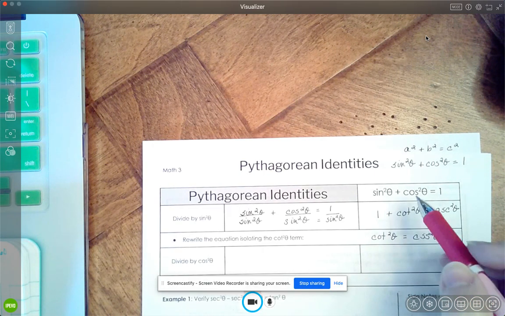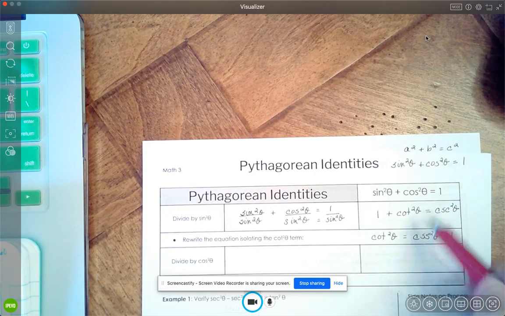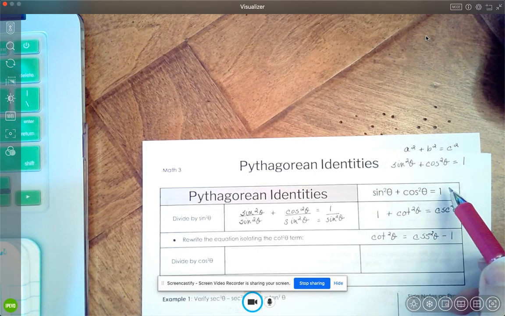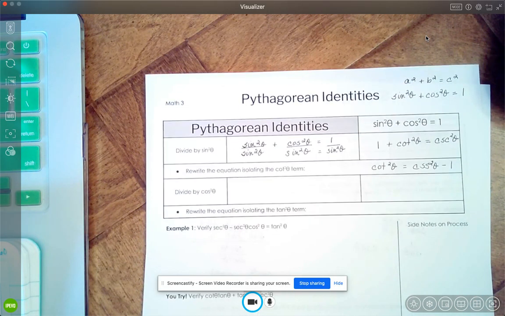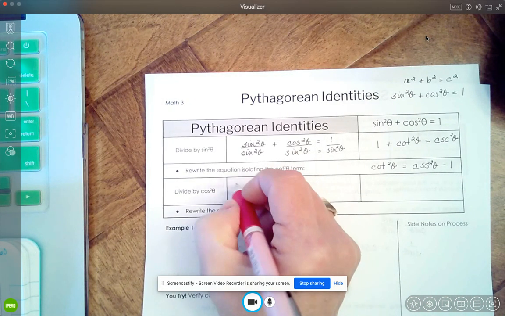So now I have sine squared plus cosine squared is 1. 1 plus cotangent squared of theta is cosecant squared of theta. Cotangent squared is equal to cosecant squared of theta minus 1. I sound like I'm teaching a new language, but the same principle goes here.